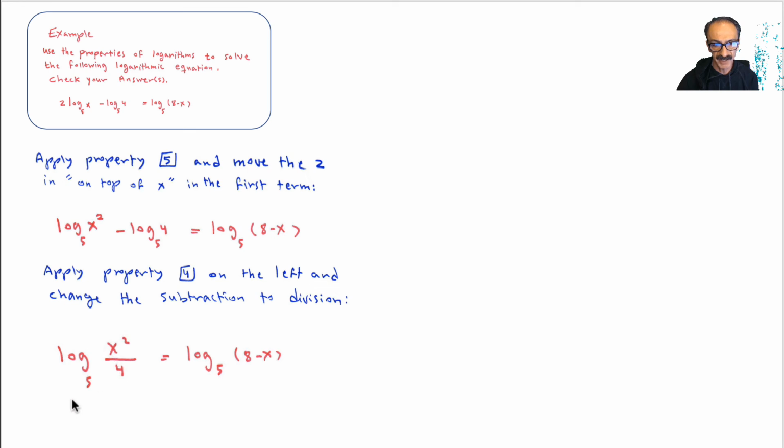Okay? Now, this is something also new. Log base 5 of something equals log base 5 of something written differently. What does that mean? It means that x to the second over 4 and 8 minus x are equivalent. Why? If log a equals log b, that means a equals b. Think about it.